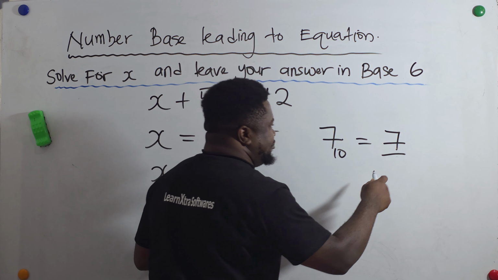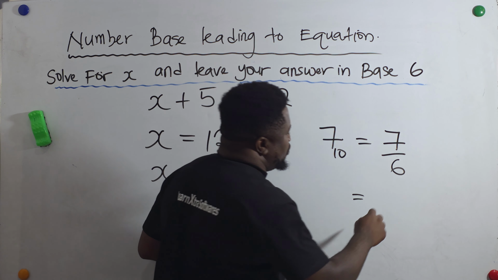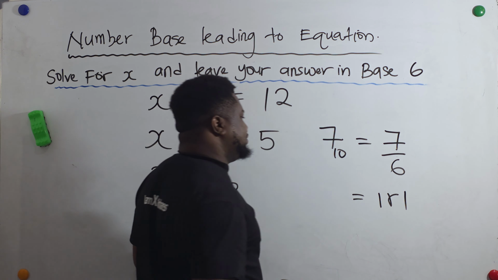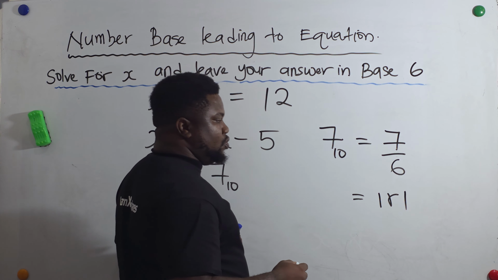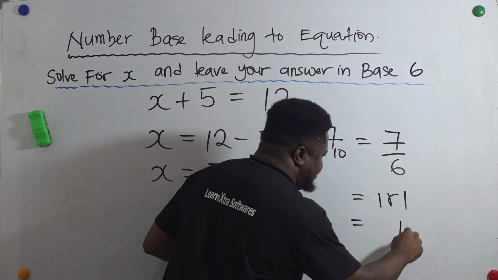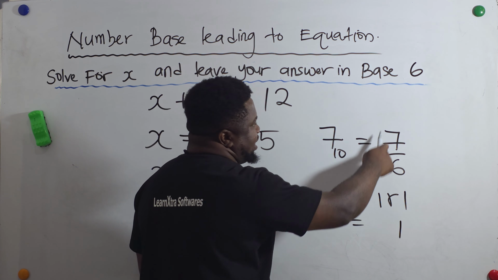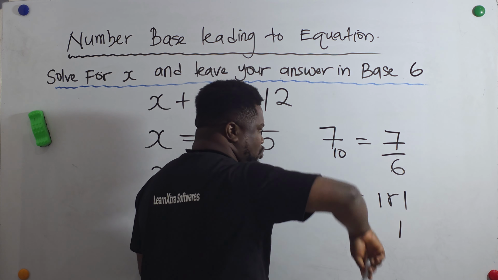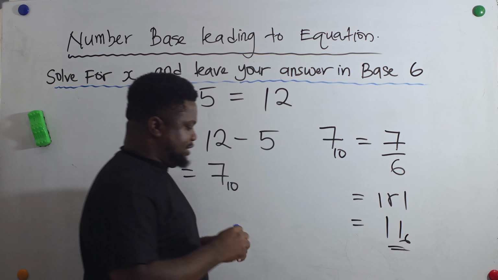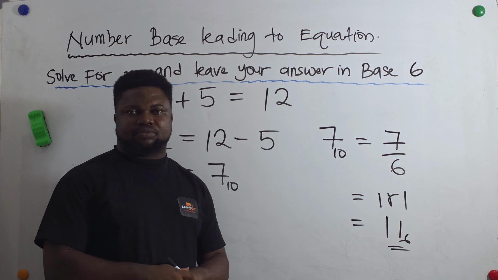Base 6 means divide 7 by 6. And that will be 1 remainder 1. Always write down the remainder and carry 1. So carry 1 now, when we add it, nowhere, so we'll bring down the 1. That will be 11 in base 6. So 7 is 11 in base 6.